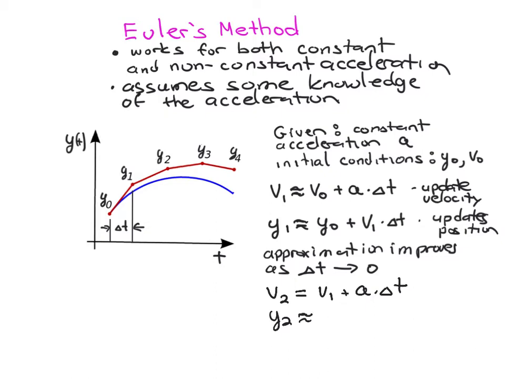And again, these really should be wiggly signs here because these are just approximate relationships. And then you just keep going. Now we can go from time 2 to time 3 just by using the same method. So I would say that this is an iterative method. Just keep repeating.